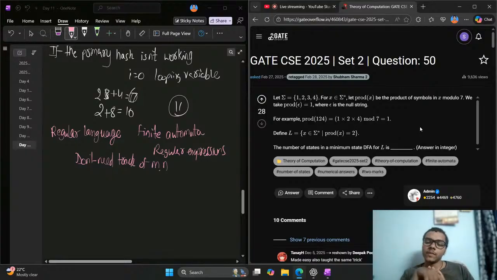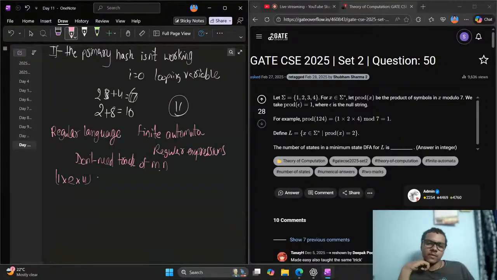So these are the alphabets. In product B, product of symbols in X modulo 7, we take product of epsilon as 1, okay, epsilon is a null string. So 1 times 2 times 4 mod 7 is equal to 1. So that is 8 mod 7, that is equal to 1.